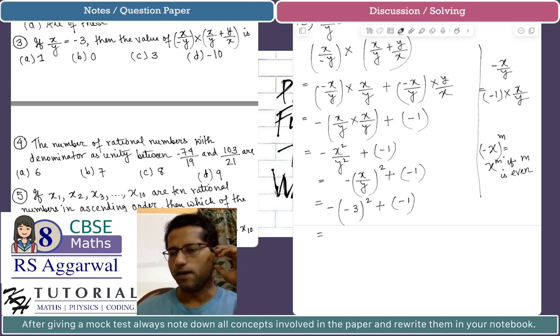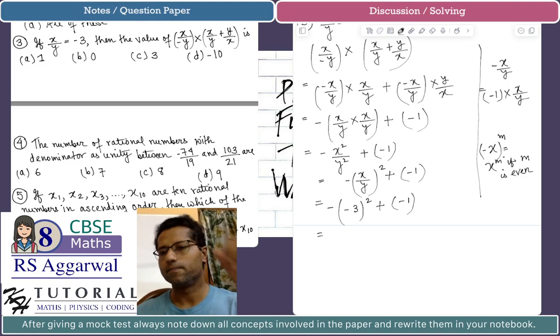Irrespective of whether m is positive or negative, it has to be even. Like m could be 2, 4, 6, 8, or it could be minus 2, minus 4, minus 6, minus 8. Positive even or negative even numbers. Then we can say that minus x whole to the power m, where m is an even integer, is equal to x to the power m.